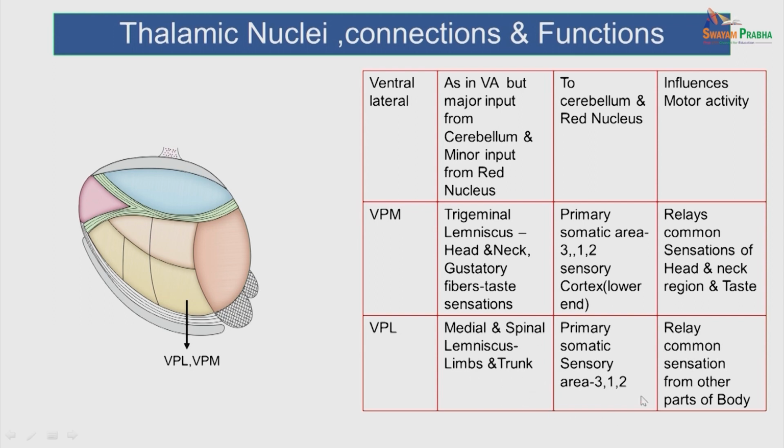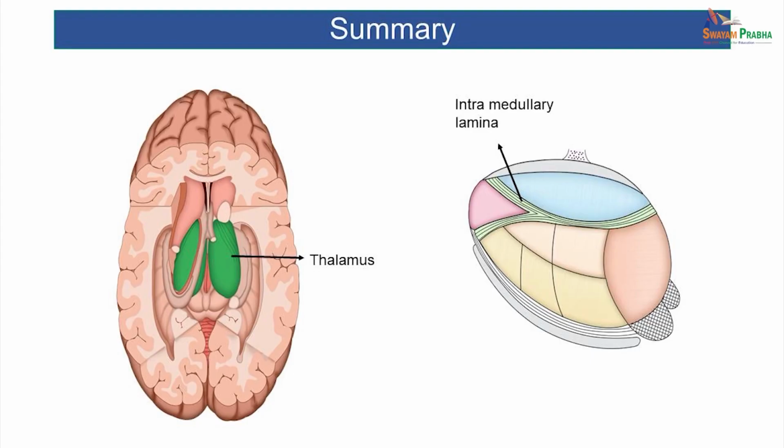All these sensations are carried, the efferents to area 3, 1, 2, the primary somatic sensory area in the cerebral cortex. So, it is a common sensation of all the other modalities from the different parts of the body.